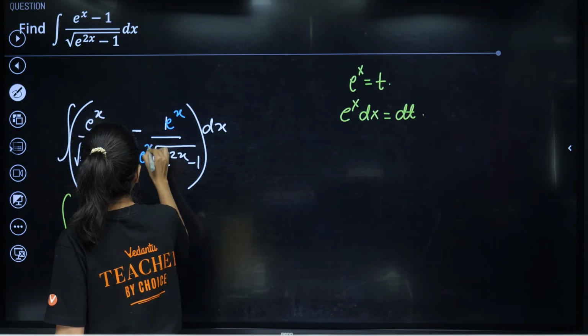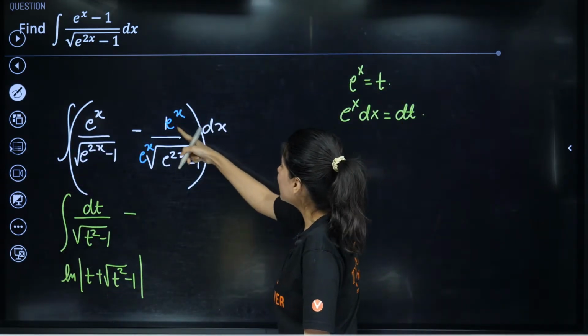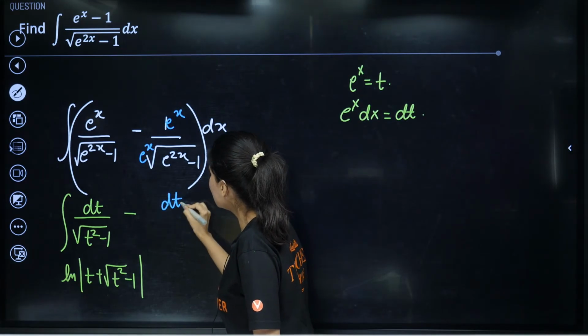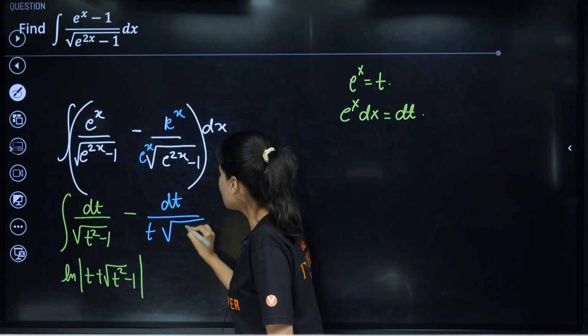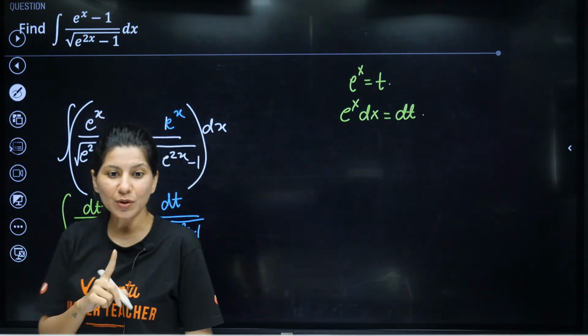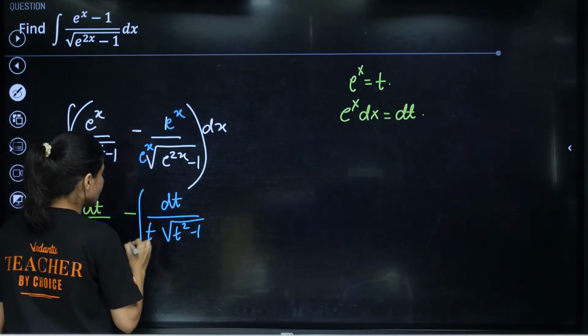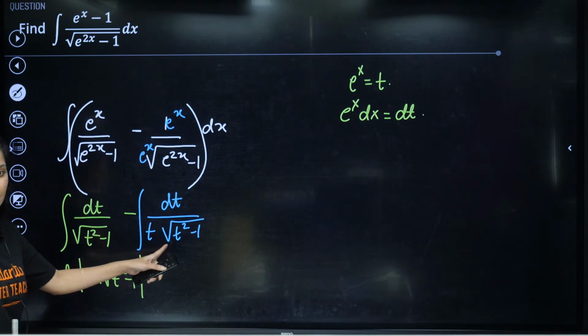Now use the same substitution. E raised to power x dx will become dt and this will become t times square root of t square minus 1. Do you remember, this is directly what? Tell me.